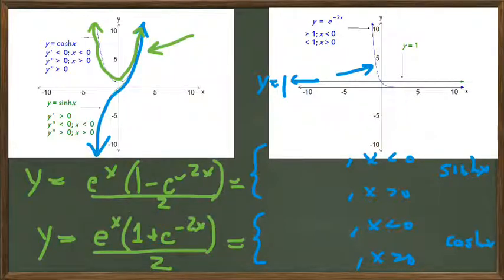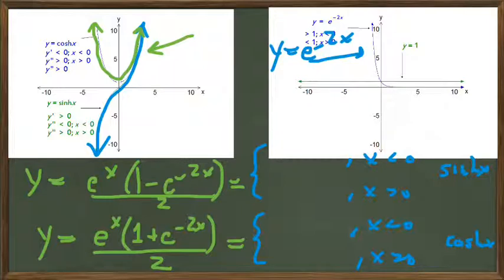So going back to this graph of y equals 1, this line right here, and its relationship to the graph of y equals e to the minus 2x, which is this decaying exponential here, we know that when x is 0, the graph in blue of y equals e to the minus 2x starts to be below the graph of y equals 1.